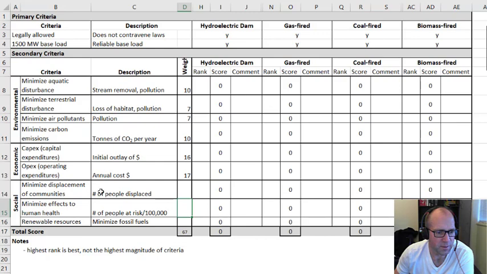Even though having people displaced is unfortunate, nobody likes it when a farmer gets their land expropriated. It is certainly better than having people die of cancer. So I'm going to say that this category is worth about 15. Maybe displacing people is worth 10, and using renewable resources is 8.